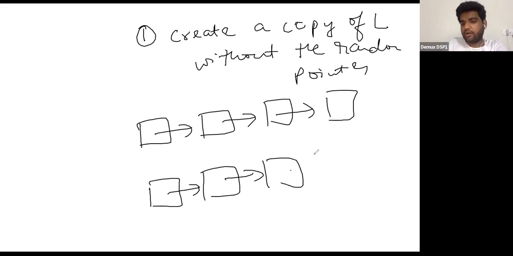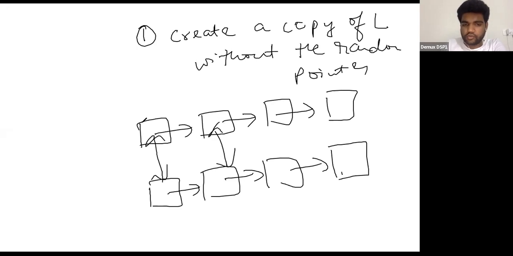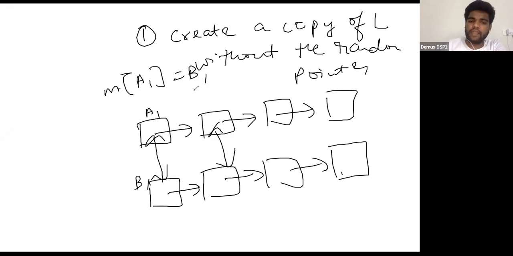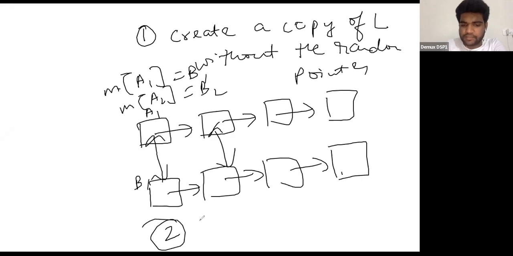So you just create a copy as you would do in a general case. And when you are doing that, store these mappings in a map. Say this address is A1 and this is B1. Store that M of A1 is B1, M of A2 is B2. Do that. Then in the second pass, populate the random pointers.